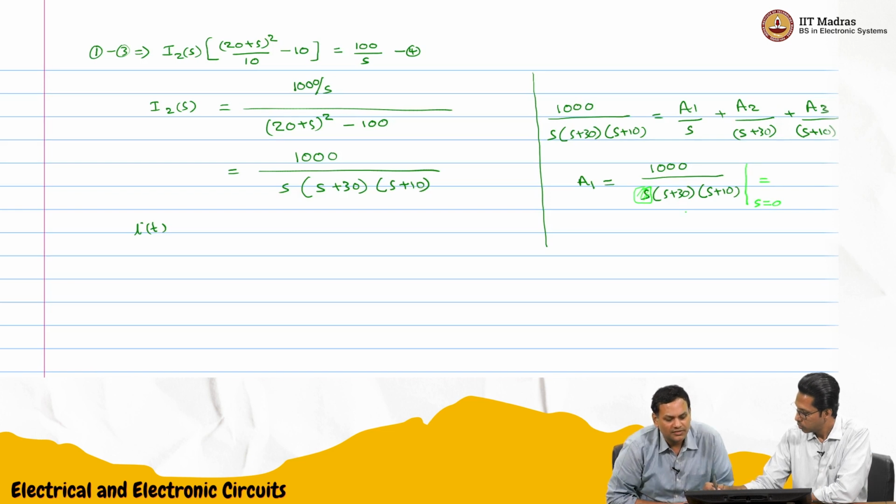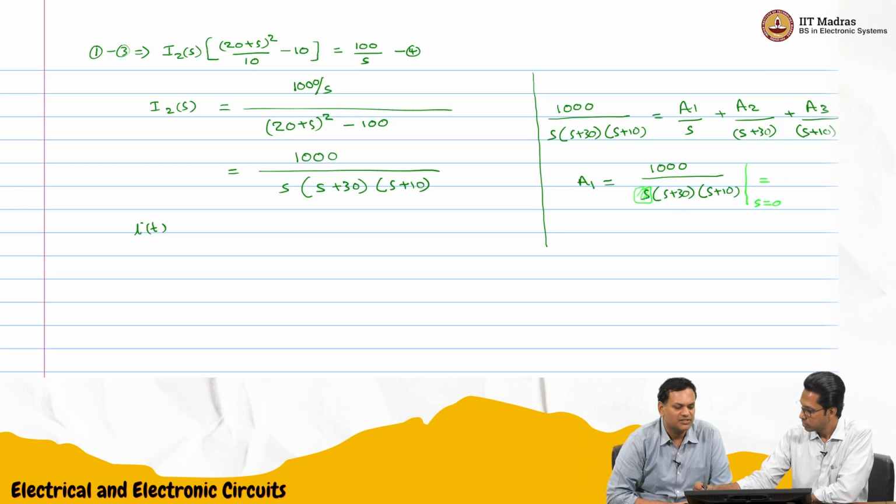So that will be 1000 by 300. 1000 by 300 means 10 by 3, so 3.33.